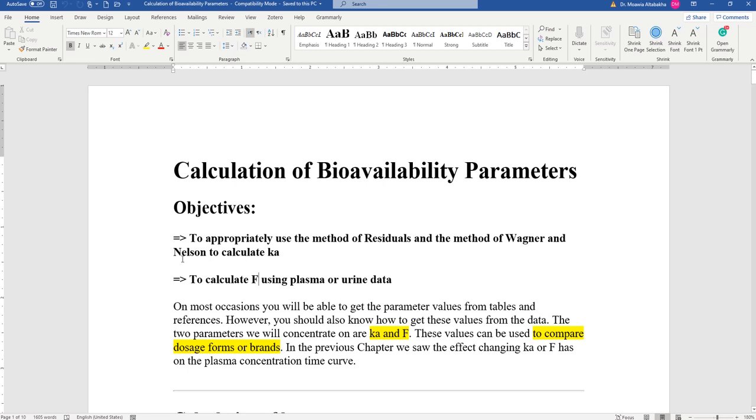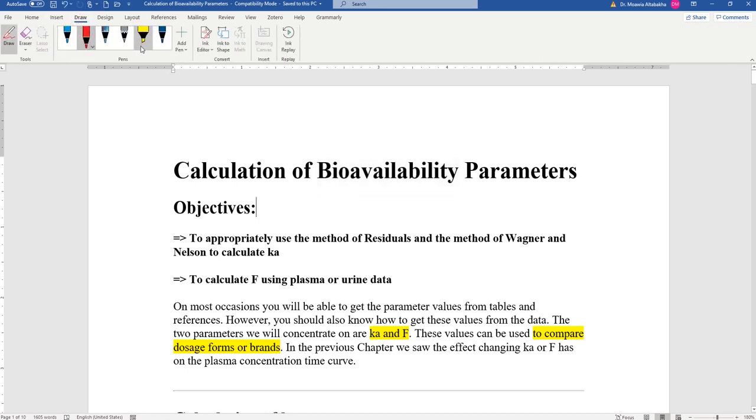Okay, now what is the definition of bioavailability? All of you are familiar with the definition. It is the rate and extent of drug that reaches the systemic circulation or the site of action.